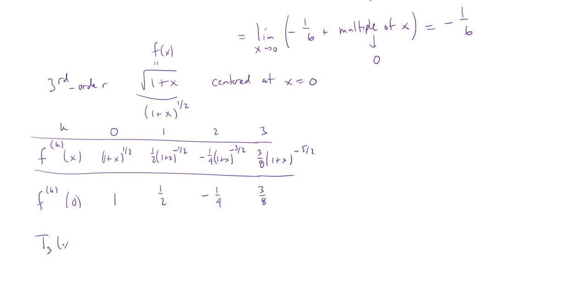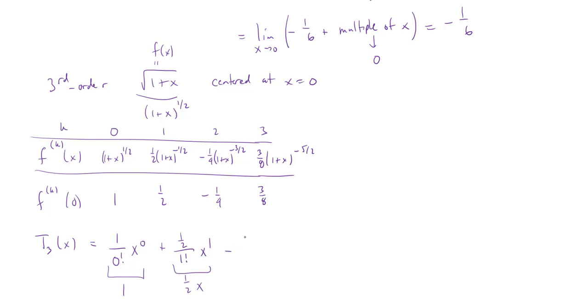So our third order Taylor polynomial is going to be, well, we start with f0 of 0, so that's going to be 1, over 0 factorial, x to the 0. Of course, this is just going to be 1. Then we get 1/2 over 1 factorial, x to the 1, which is just 1/2 x.